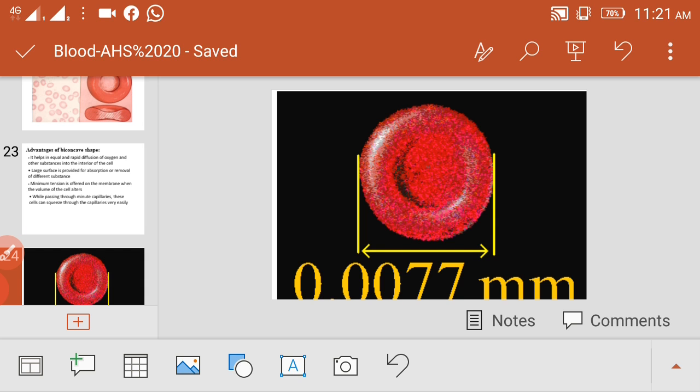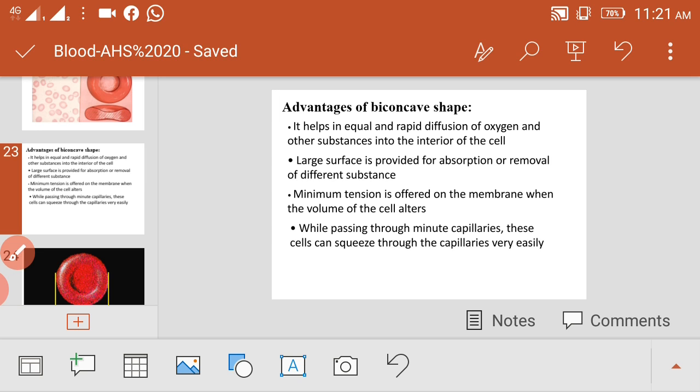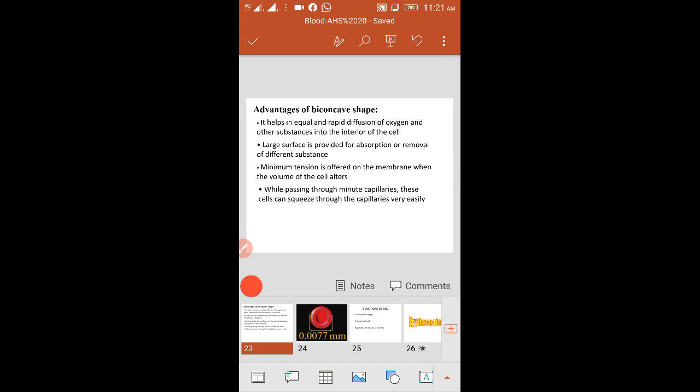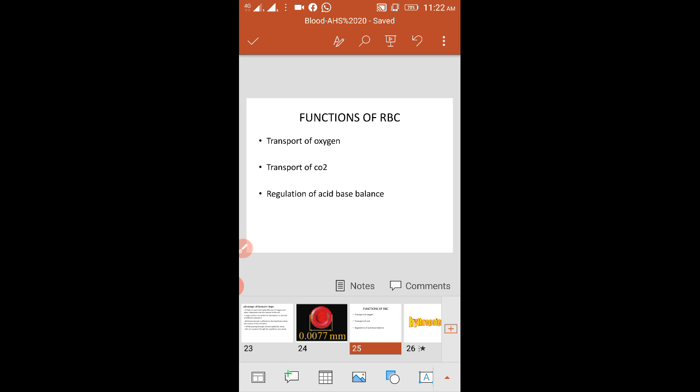Squeeze means coming outside. So while passing through the capillaries, it can easily squeeze through. So these are the advantages of the biconcave shape. So this is the structure.